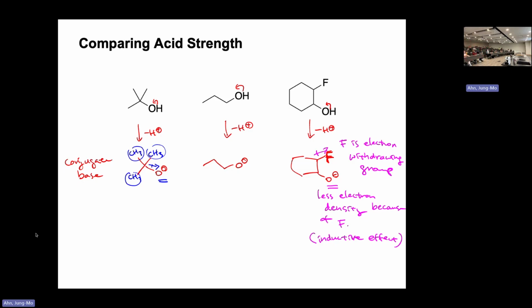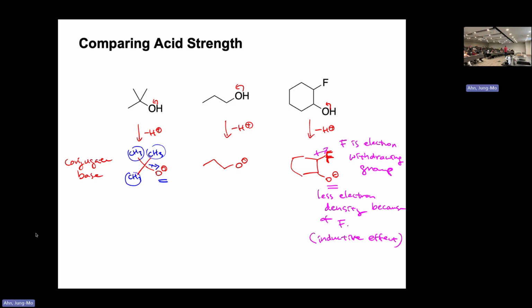The reason is the carbon-carbon bonds are basically sharing electron density, and then it becomes like a wire. So oxygen has a higher electron density here, but fluorine, being an electronegative atom, can pull electron density from this oxygen through the bond. I'm talking about through the bond. So that's something called the inductive effect.